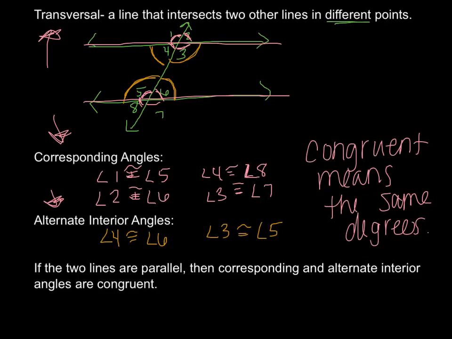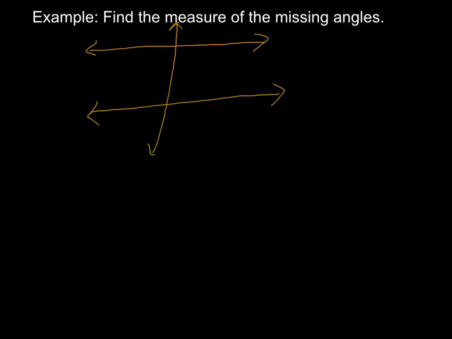Okie dokie, let's try an example. Find the measure of the missing angles. Here we have parallel lines, then we have a transversal line. This transversal line could be way more slanted; it doesn't have to be straight up and down, as long as those two lines are parallel and the transversal hits them at different points.